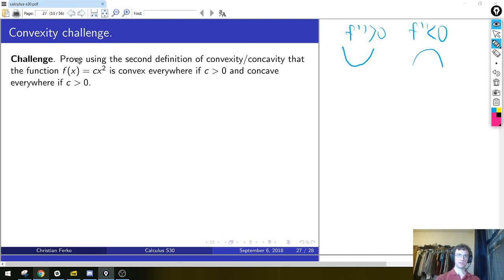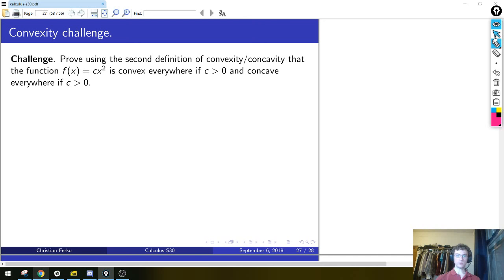So here's the challenge. Using that definition, that weird inequality between two fractions, we're going to prove that the parabola f of x equals c x squared, where c is a constant, is convex if c is positive, and concave if c is negative.